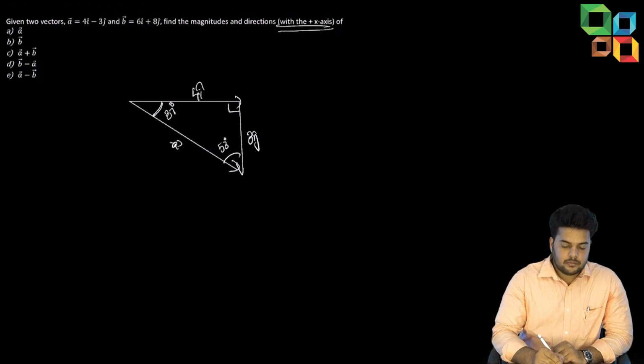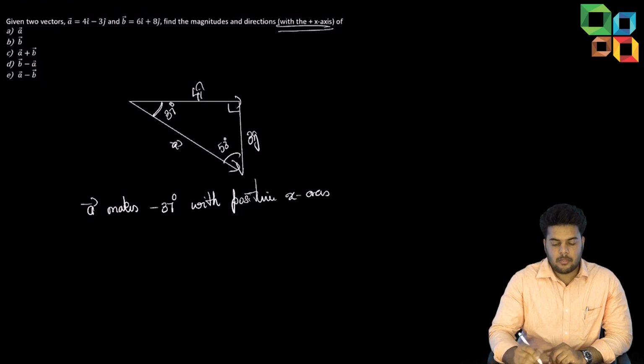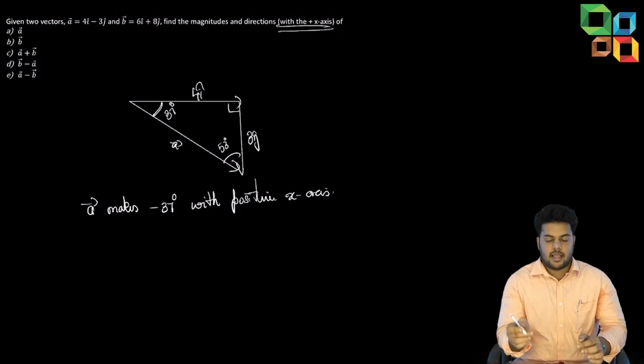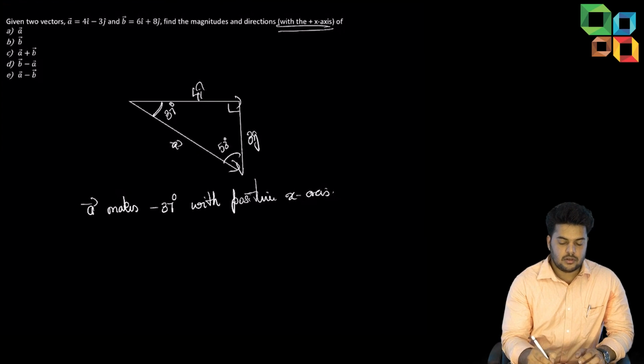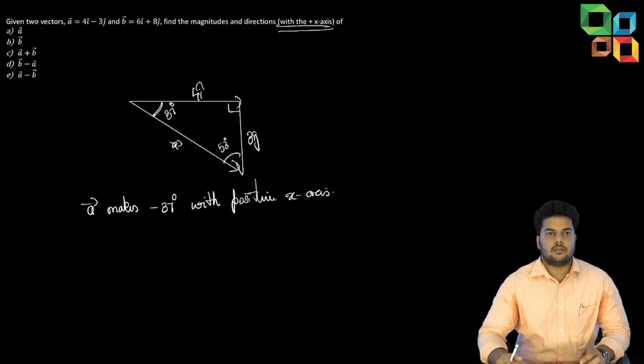So the A vector makes minus 37 degrees with the positive x-axis. Why minus? No, angles are always measured in the anti-clockwise fashion.